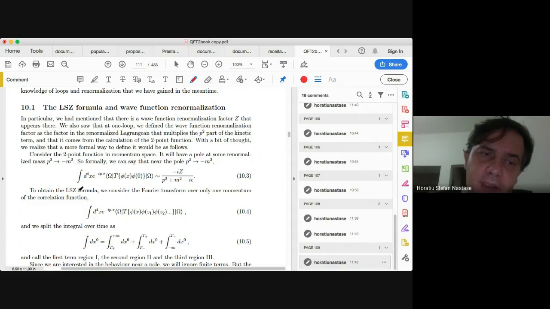Now, to obtain the LSZ formula, what we'll do is take an inductive point of view. So we'll consider a single momentum.